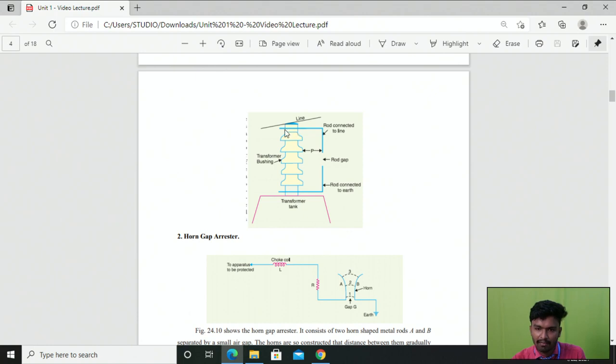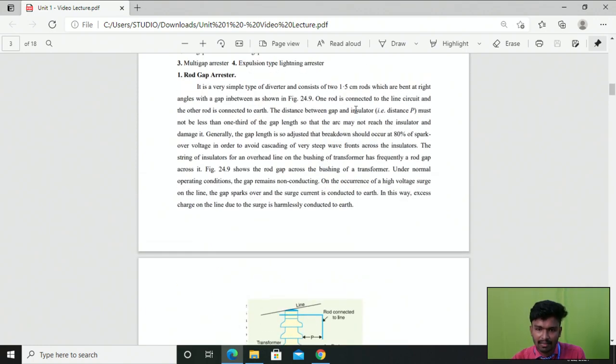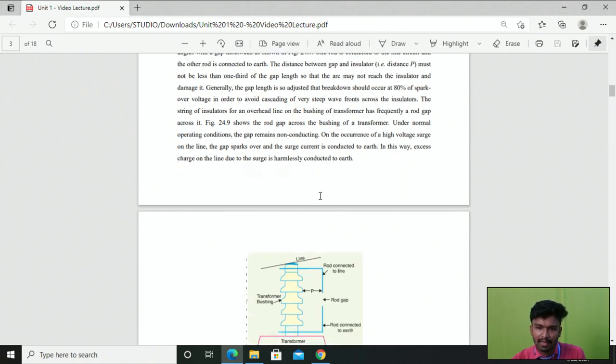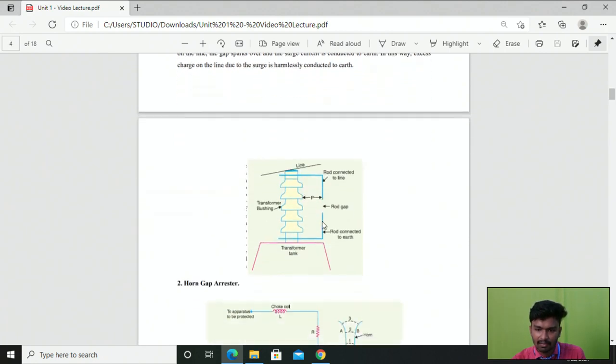At the top end of the transmission line we have connected one rod, and below we have connected another rod. One rod is connected to the earth and one rod is connected to the line. These two rods are 1.5 centimeters in length and are bent at right angles with a gap in between, like this.